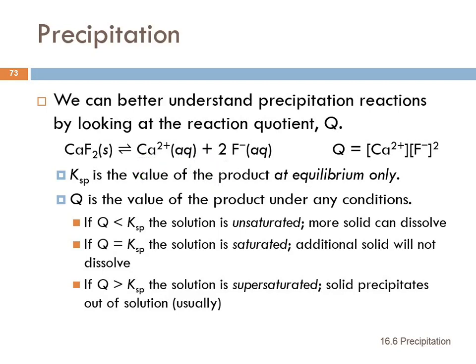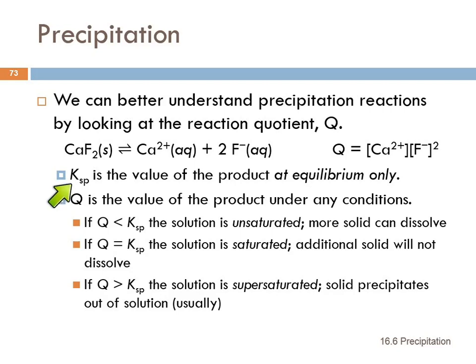So this would be a dissolution reaction where this is dissolving, right? We can look at this reaction and write Q, the reaction quotient. That's going to be the calcium ion concentration times the fluoride ion concentration squared. Remember that 2 is because of this 2 over here.